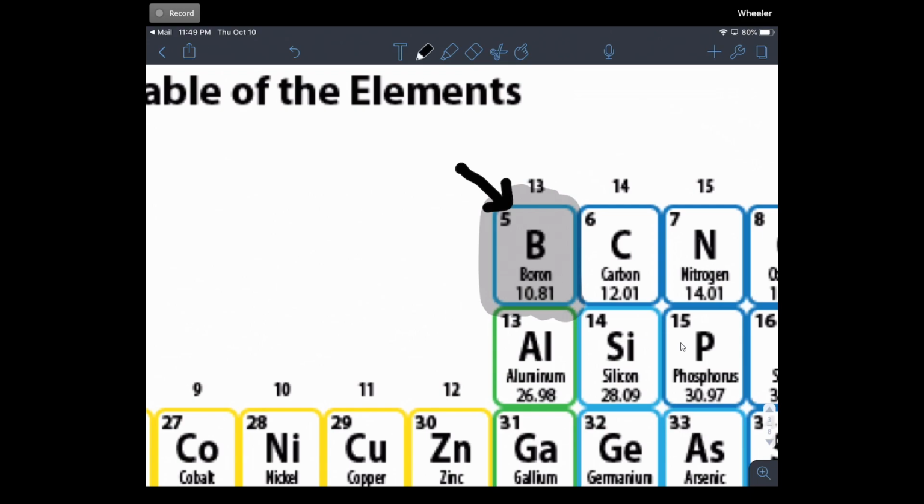I have the letter B, which tells me that that is the chemical symbol, the shorthand notation for the element boron. And then I also have the average atomic mass, which tells me that the most likely isotope, or the most likely form or mass of boron, is going to be approximately 11, since the average is closest to that whole number.